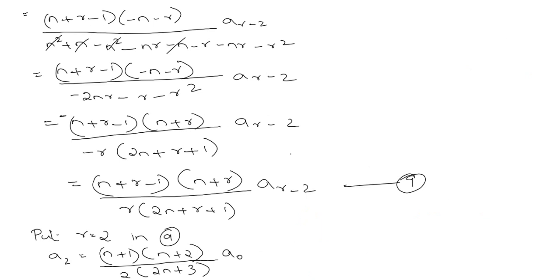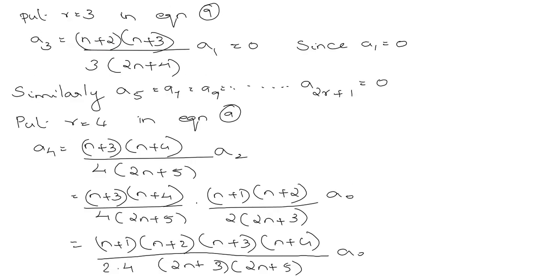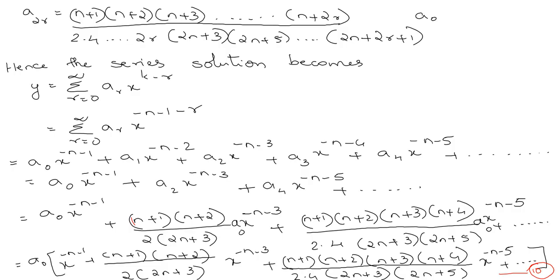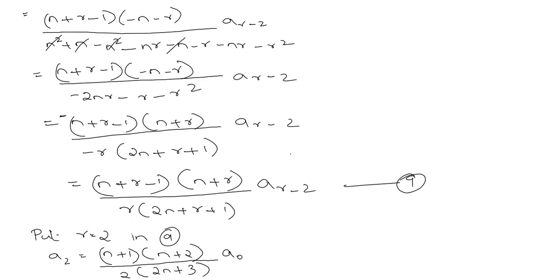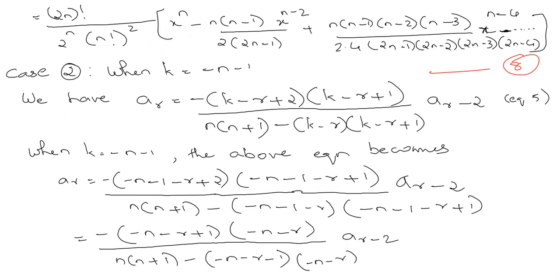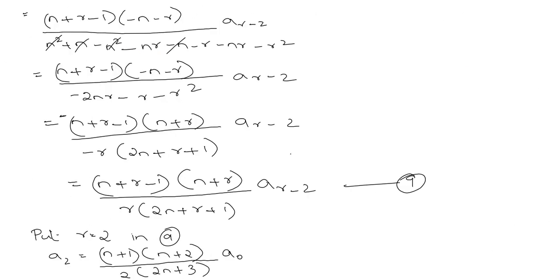So we will be having n plus r minus 1 minus n minus r divided by n into n plus 1, which is n square plus n, and multiplying minus n minus r minus 1 into minus n minus r gives minus nr minus n minus r minus nr minus r square.